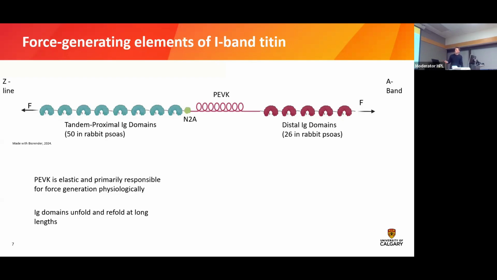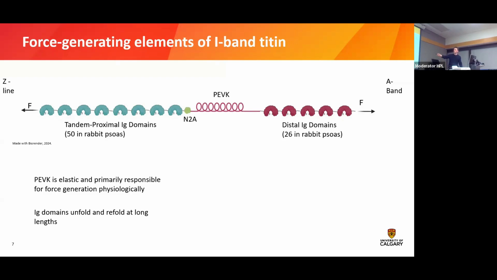Then there's the immunoglobulin domains, and the immunoglobulin domains in the proximal region and the distal region are quite similar. There's some evidence that suggests these ones might be more difficult to unfold. But the proximal immunoglobulin domains unfold at very high forces. So as we stretch Titin to very long lengths, we eventually can unfold these immunoglobulin domains.